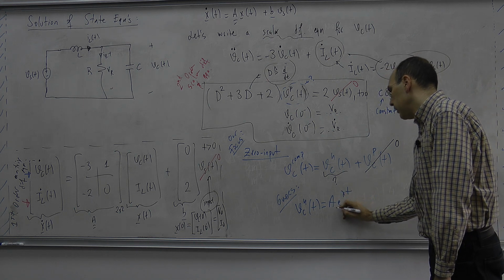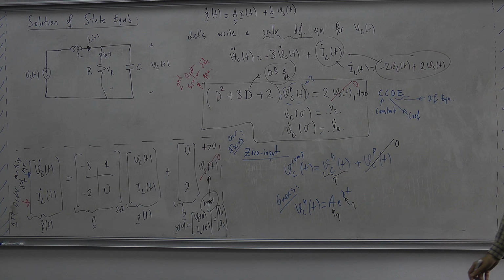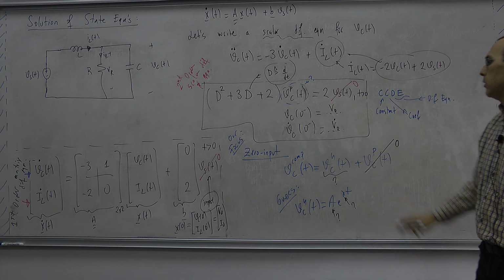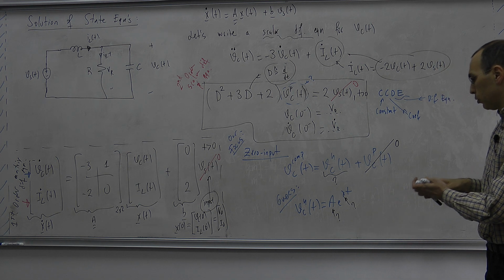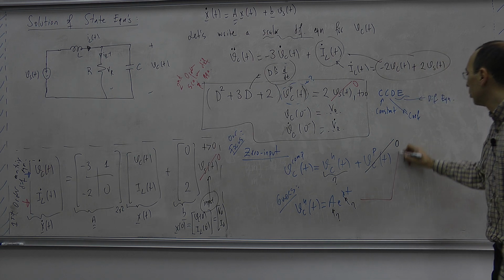A times e to the lambda t. So I don't know the value of A, and I don't know the value of lambda. Again, you have seen such things before. Now, if this guess is correct, the homogeneous differential equation should be satisfied, isn't it? If the guess is not correct, there is nothing else to do. You make another guess.